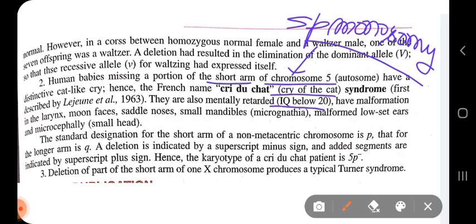I try to say that within this 5p, the short arm of chromosome number 5, suppose this is the p arm of chromosome number 5, within this region there is a gene encoded, and that gene is CTNND2.